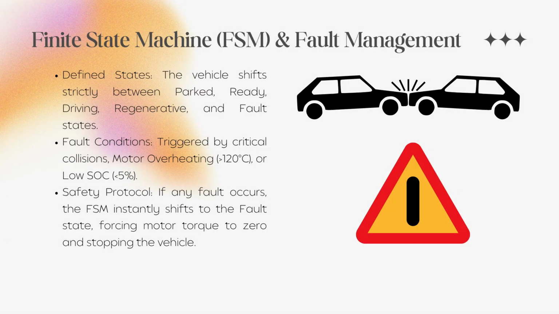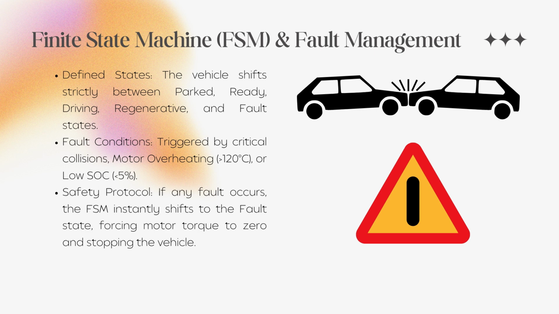To make the system safe and predictable, we manage the vehicle's behavior using a finite state machine. The car transitions through specific states: parked, ready, driving, and regenerative braking. For example, you cannot apply regenerative braking if the car is in parked mode. We also built a fault manager.